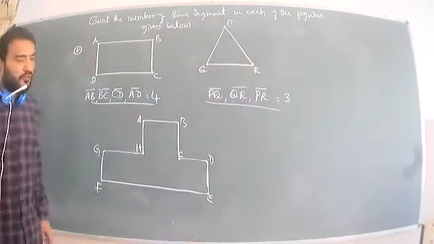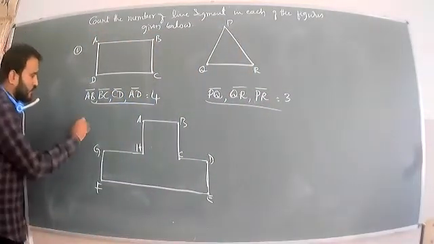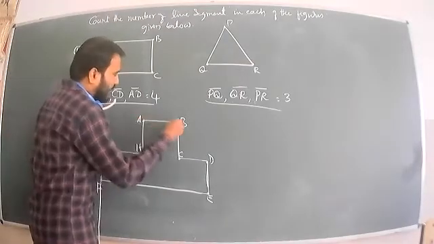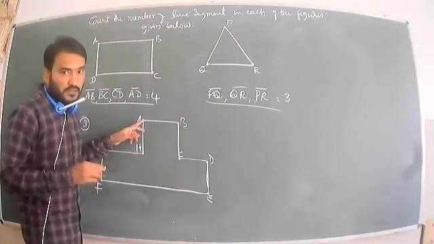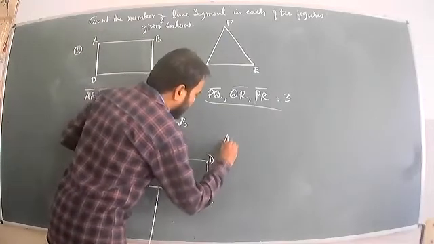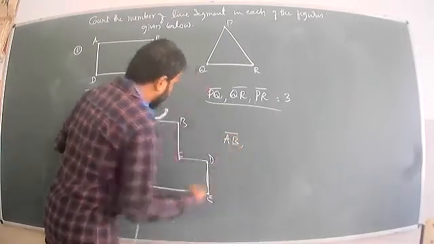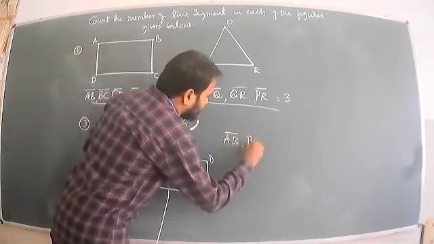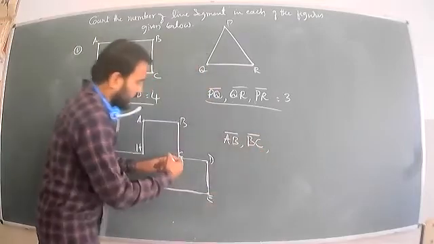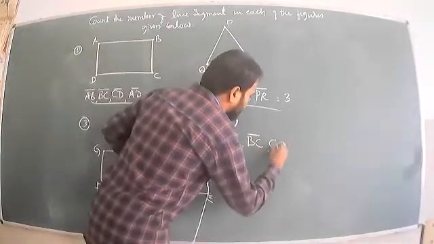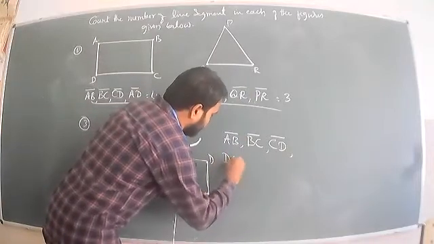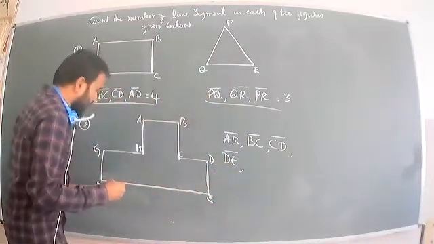Next, go for the third one. So we can draw that. How many line segments? First, counting that, AB. It starts from this point, AB. Next, continue by B, BC. Next, CD. Next, DE. Next, EF.